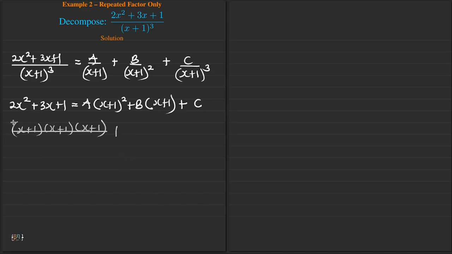So at this stage, we now want to what? Solve for any of the variables. Now, using the cover-up method, we can easily cover up all these two. That is the a and then the b. We'll do that by substituting x to be -1.